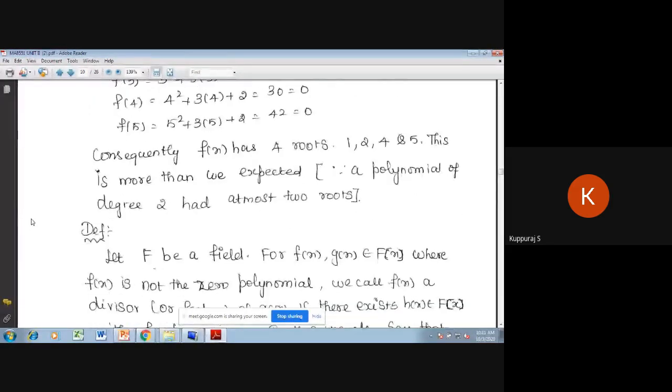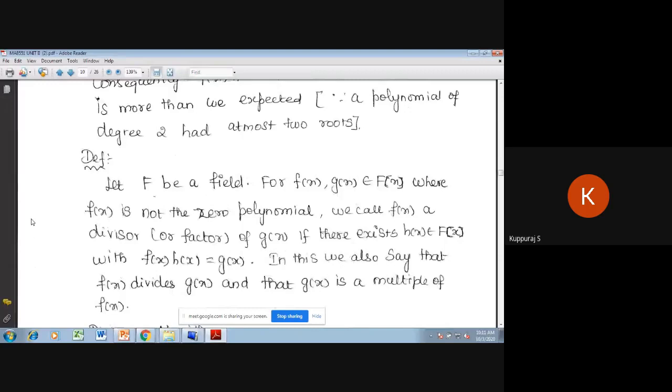And the next definition: let capital F be a field, for f of x comma g of x belongs to capital F of x, where f of x is not the zero polynomial. We call f of x a divisor of g of x if there exists h of x belongs to capital F of x, with f of x into h of x equal to g of x.